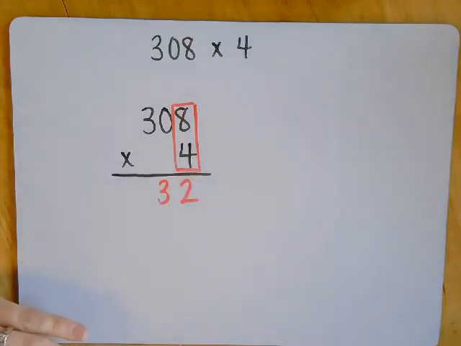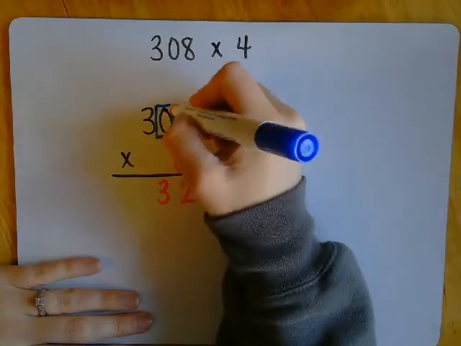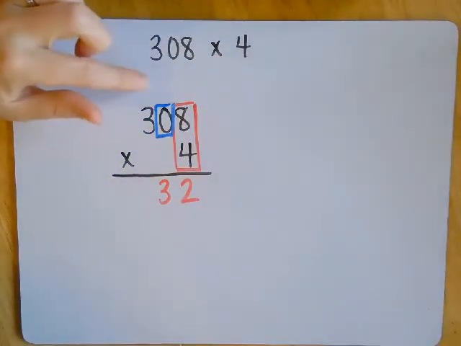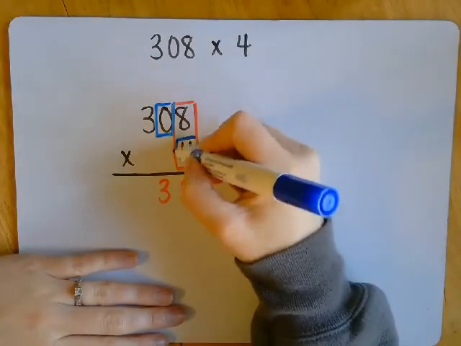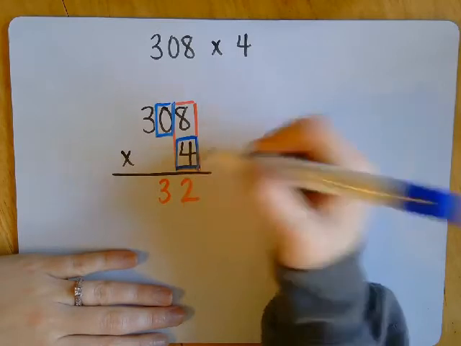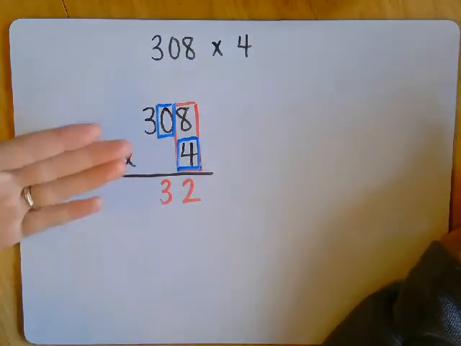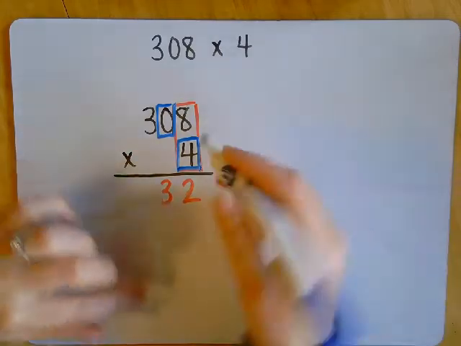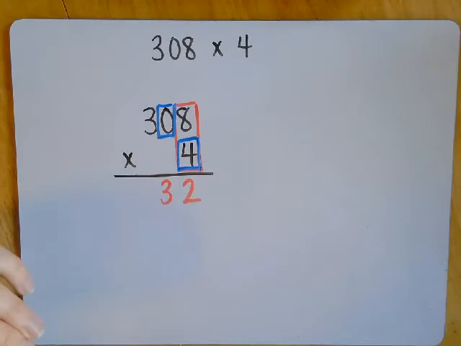Next, I need to go to the tens place. And there's actually nothing in the tens place. So if I multiplied 0 times 4, I would get 0. Anything multiplied by 0 stays 0. So I actually don't have to write anything there. I don't have to write a 0 to hold my place or anything like that.